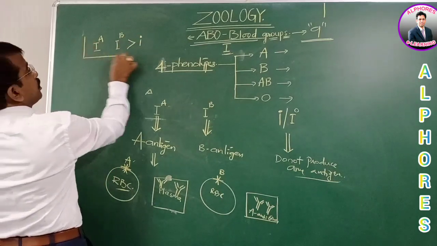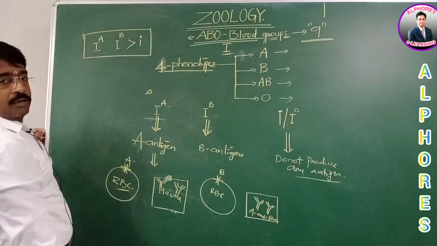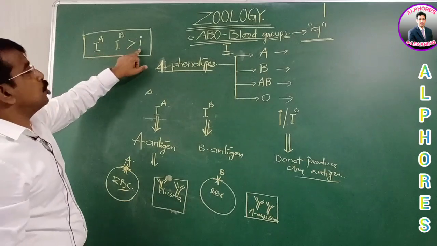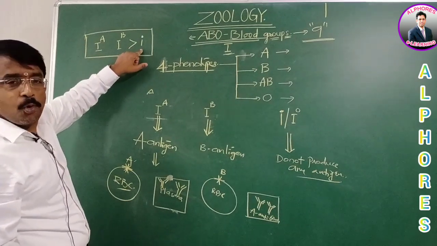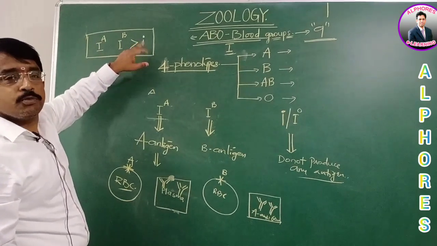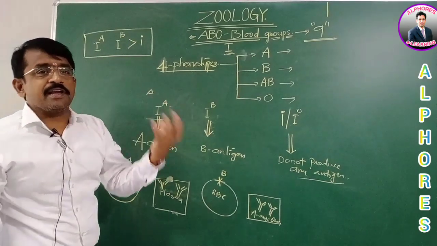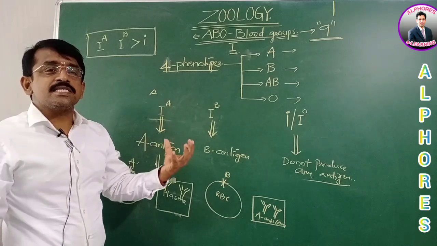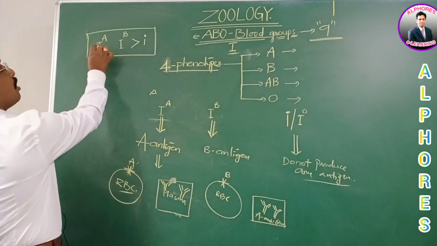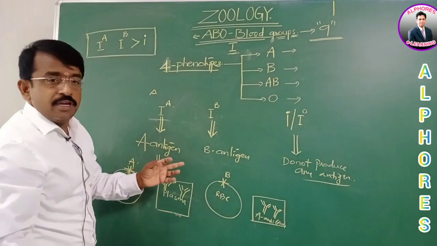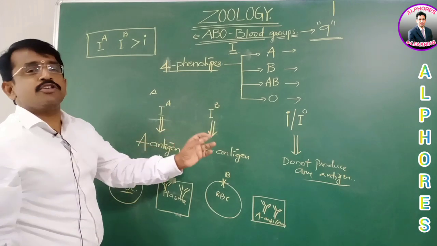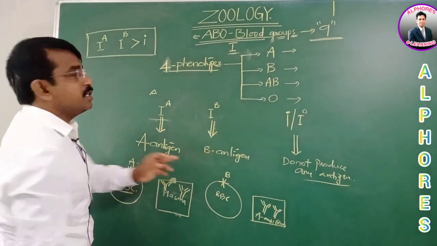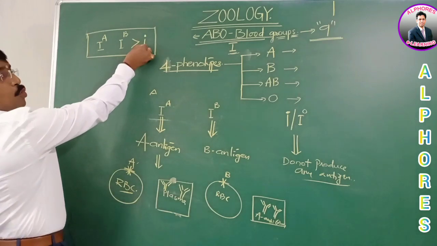Very, very important point to remember: IA and IB alleles are dominant over IO, which is recessive. Why recessive? If any character is not expressed, we term it as recessive. And these 2 are with the A antigen production and B antigen production. So these 2 are dominant over IO.